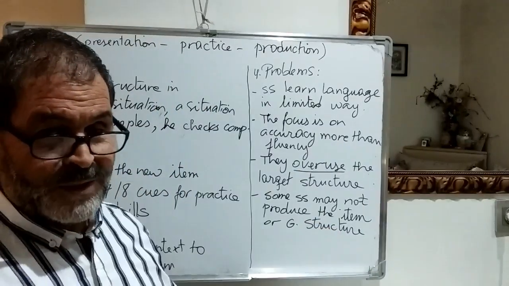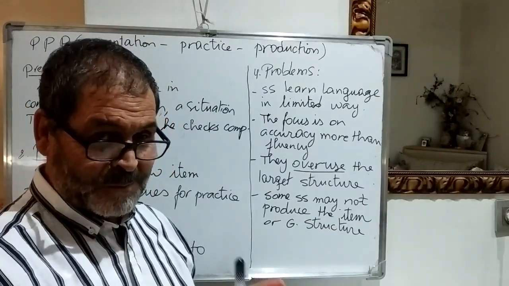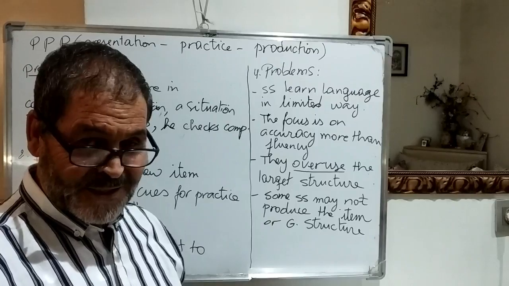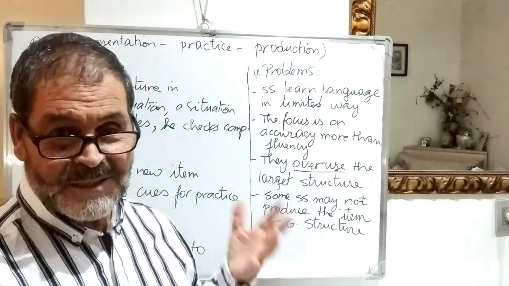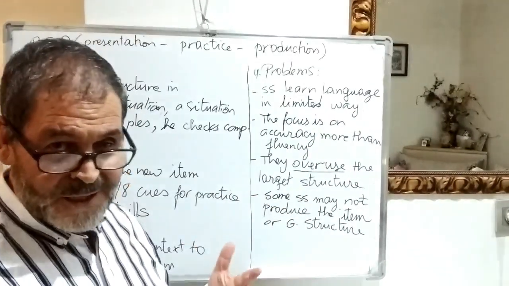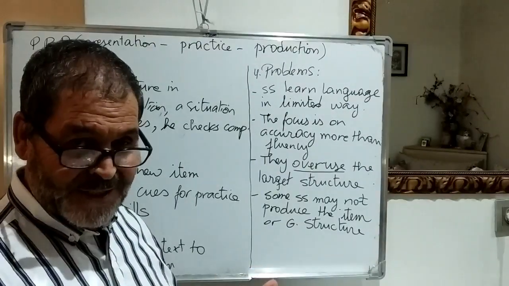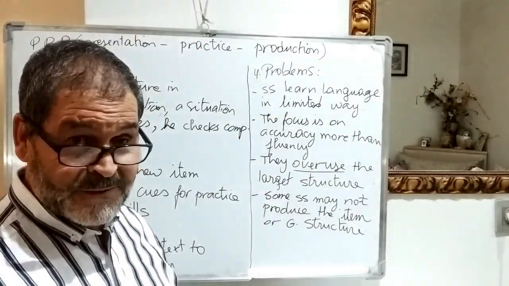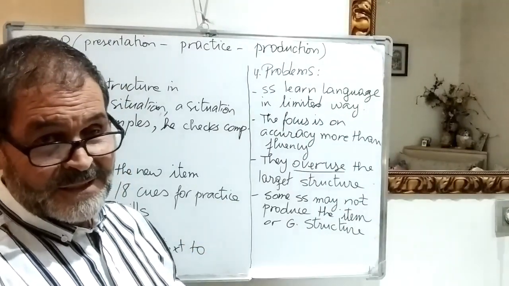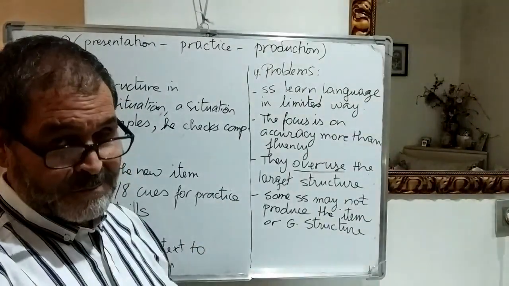So now we are going to talk about the PPP method and its limitations and task-based learning. Why we choose task-based learning as an alternative to the traditional PPP method.